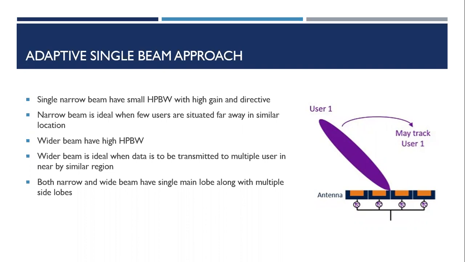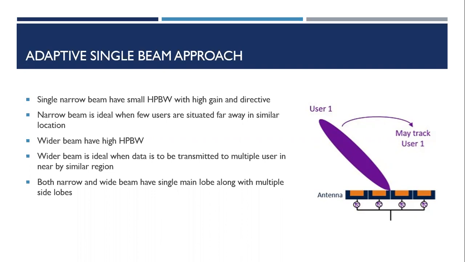Narrow beams are essential when we have users situated far away, compared to wider beams which are ideal for usage where multiple users are located in a nearby similar region. Both narrow and wide beams have a single main lobe along with multiple side lobes.